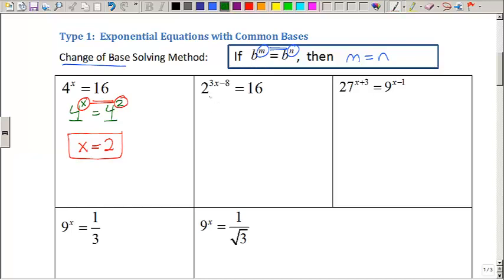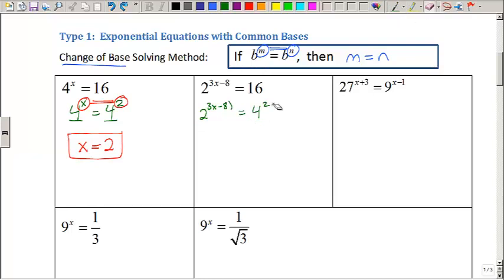For our next problem, I still have a 16 here, so I'm going to try to reduce the 16 to a common base as the other side. Now we said 16 is 4 squared, didn't we? But the bases aren't the same. That didn't really help me very much.